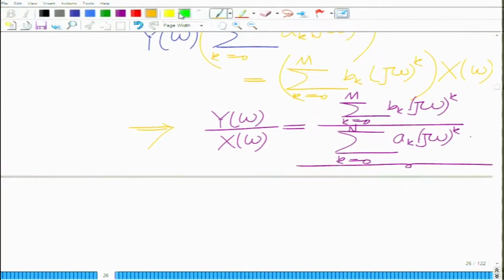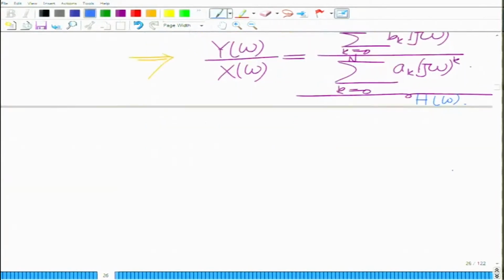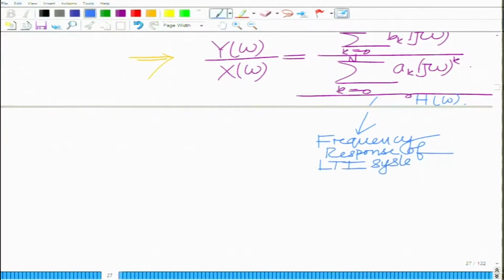This is the frequency response of the LTI system, which is characterized by the constant coefficient differential equation.